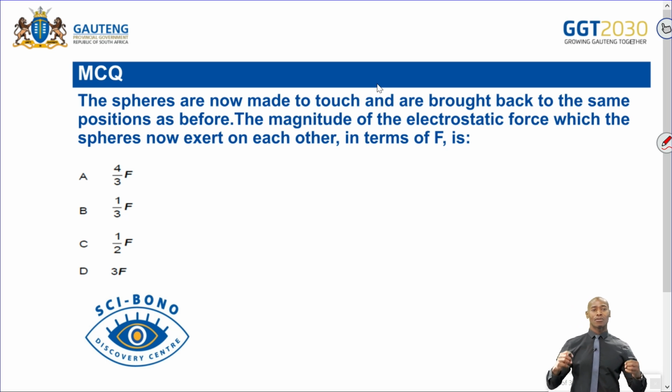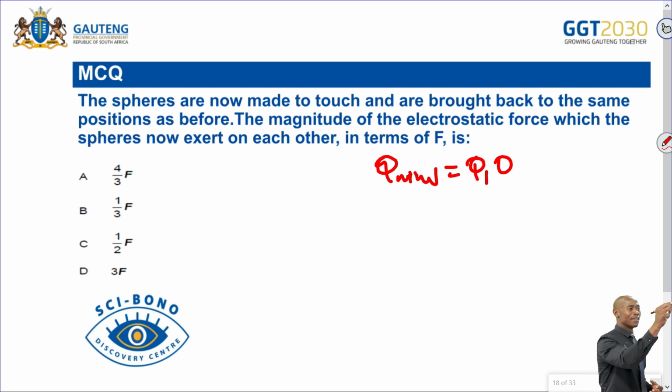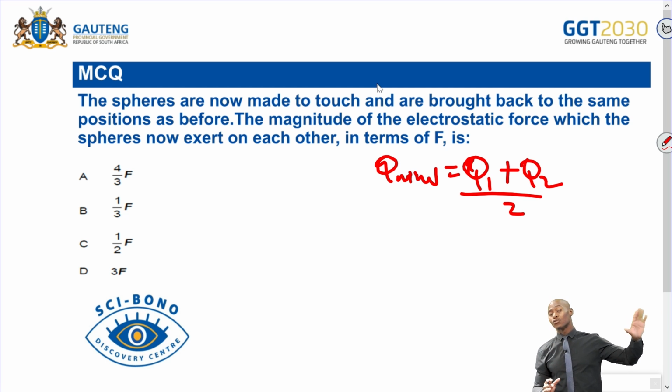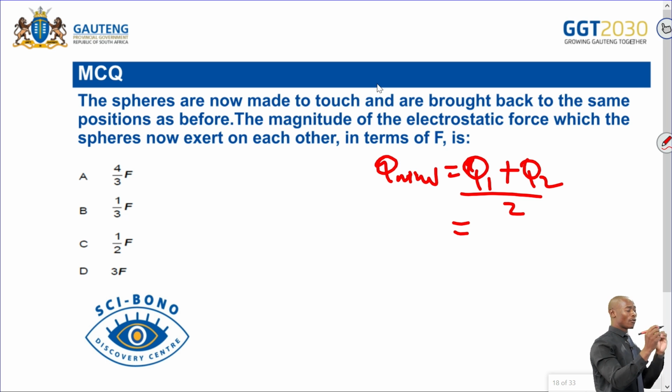And how do we calculate that charge? We use this equation, right? The equation is Q1 plus Q2 over 2. We are using it to calculate the charge on each sphere after contact. So what was the original charge?